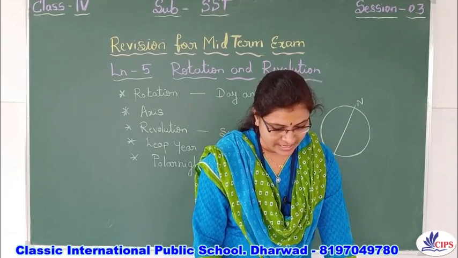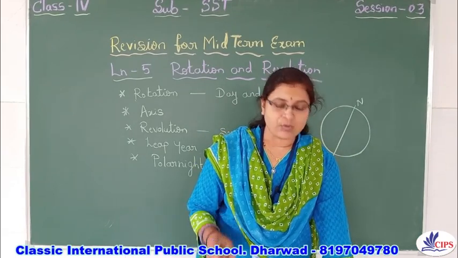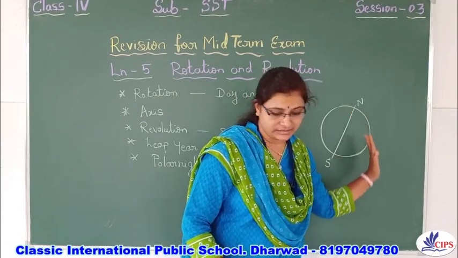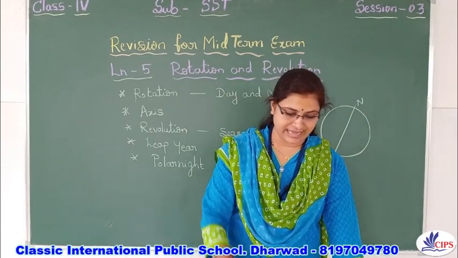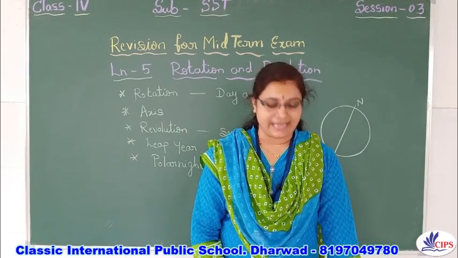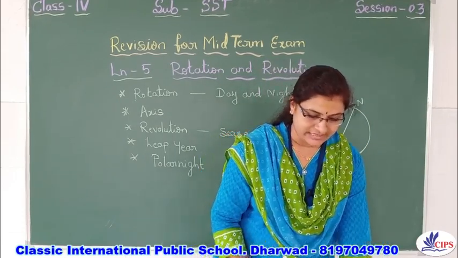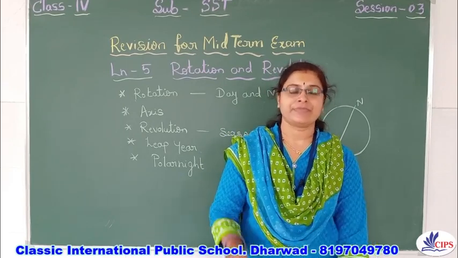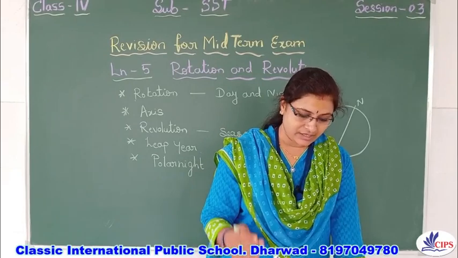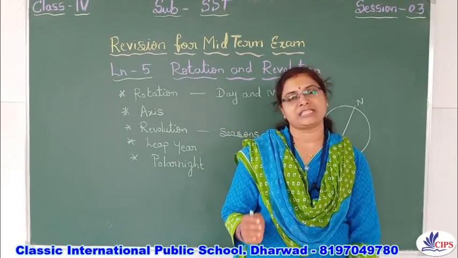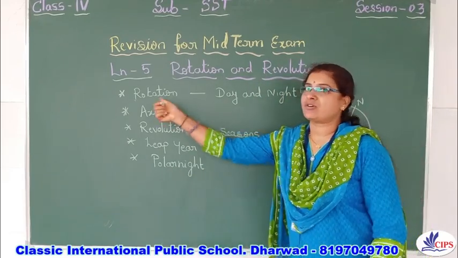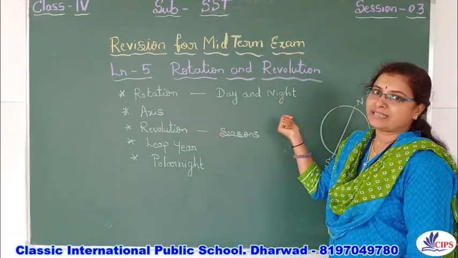As it rotates, only one part of the earth can receive the sunlight at a time. The part of the earth which receives the sunlight experiences the day. The other part which does not receive the sunlight experiences the night. That's why the rotation of the earth causes day and night.